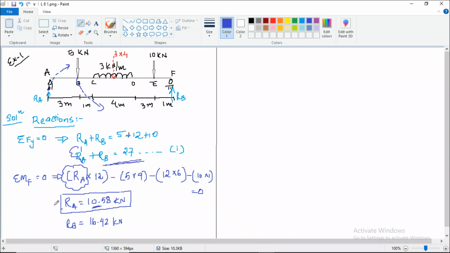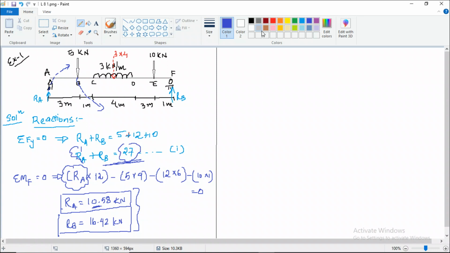So we got both the reactions Ra and Rb. To check whether your answers are correct or not, the summation of both of these values must be equal to 27. So once you get the reaction values, you can start finding the shear force values in different portions. So let us start that.